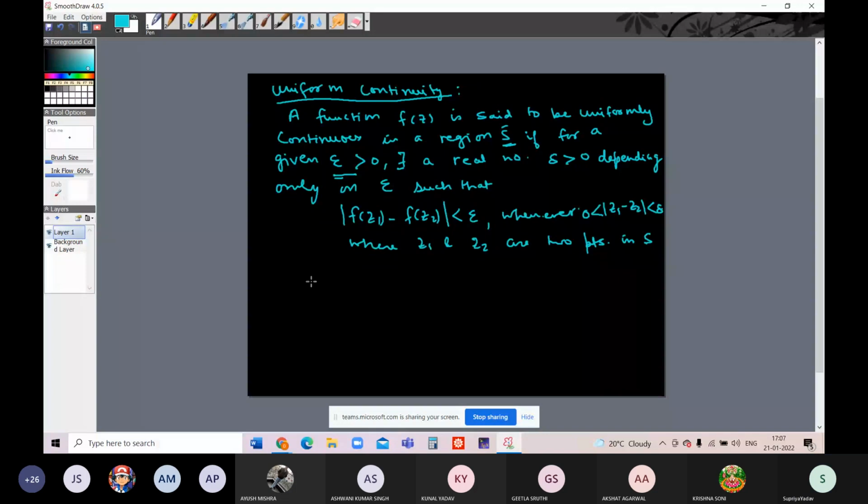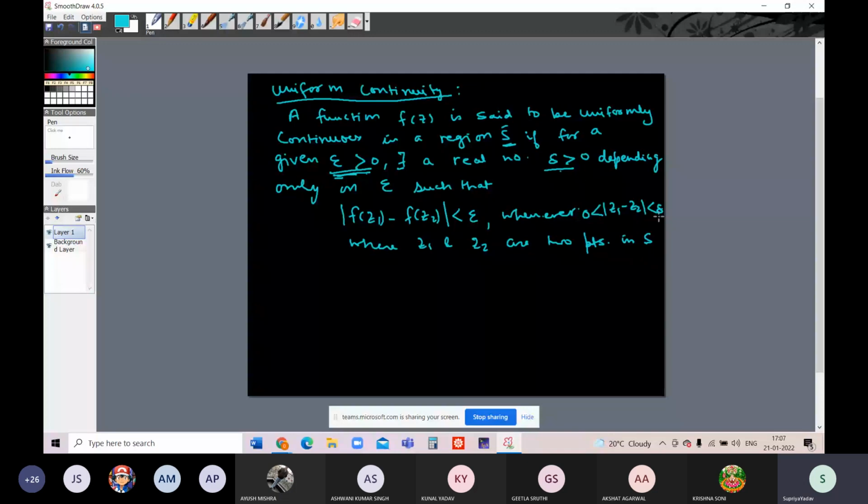So if for a particular epsilon we get a delta which depends only on this epsilon, then modulus of f(z1) minus f(z2) is less than epsilon only when the distance between z1 and z2 is less than delta.